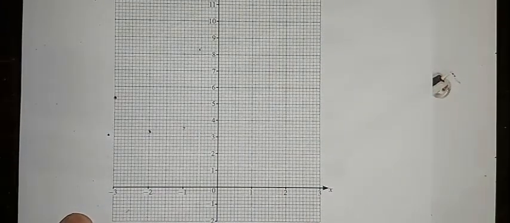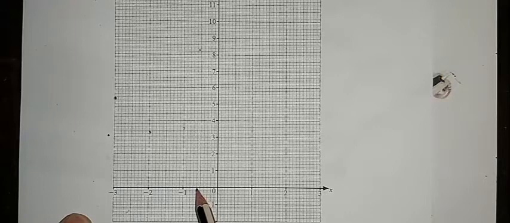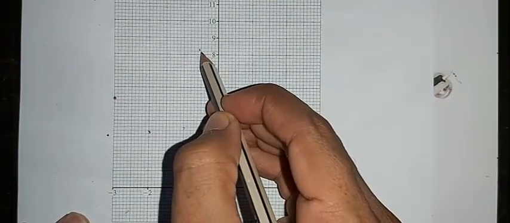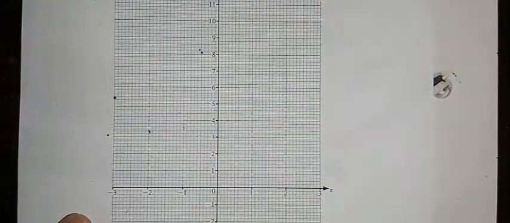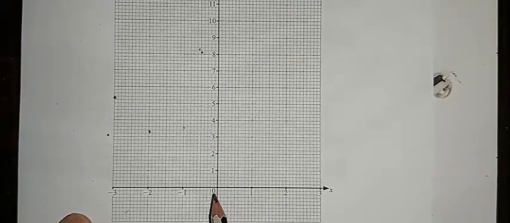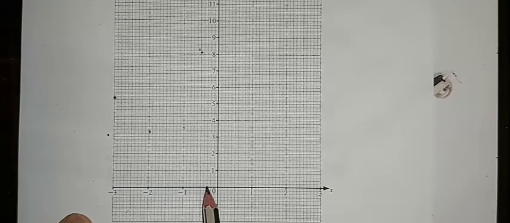The next point is negative 0.5 here, and 8.1 is here. Negative 0.3, this is here, and the corresponding value of y is 17.8.